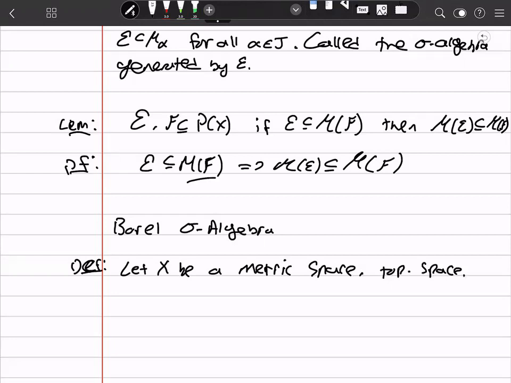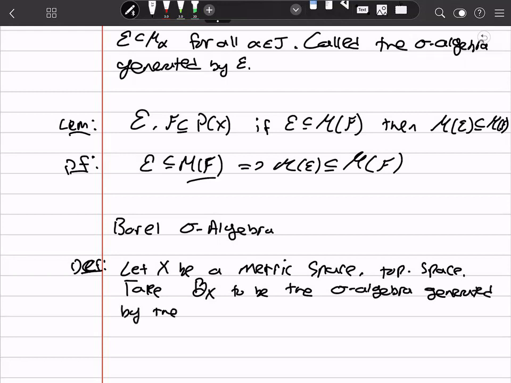What we do is we take the sigma algebra generated by all the open sets. We call it B, so we'll say B sub X is the sigma algebra generated by the open sets.